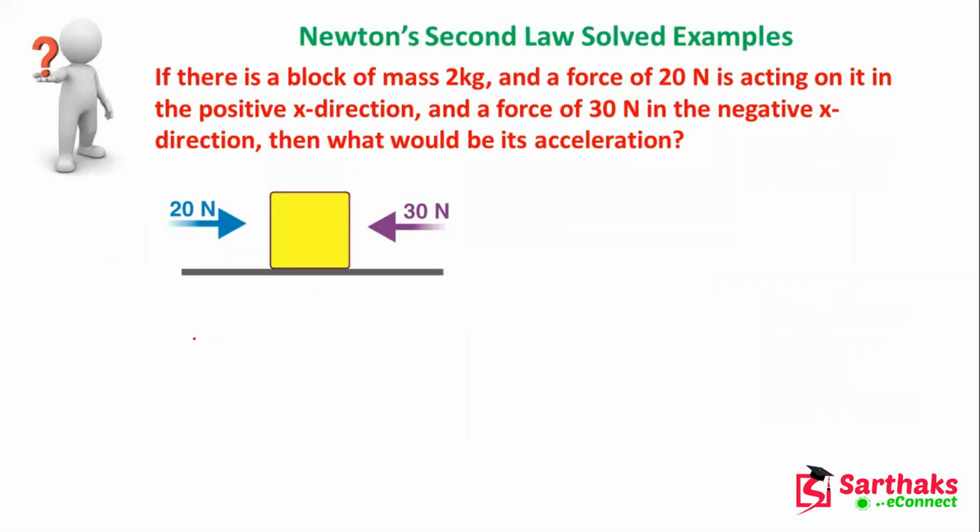Okay. Now if we try to solve this one, if there is a block of mass 2 kg, as I have always told you, first you have to write down the given data.